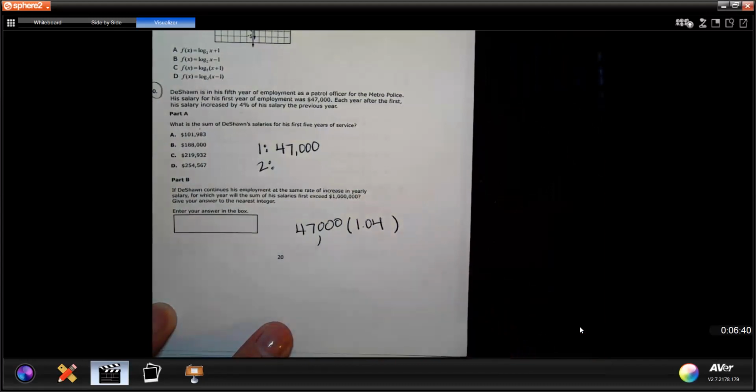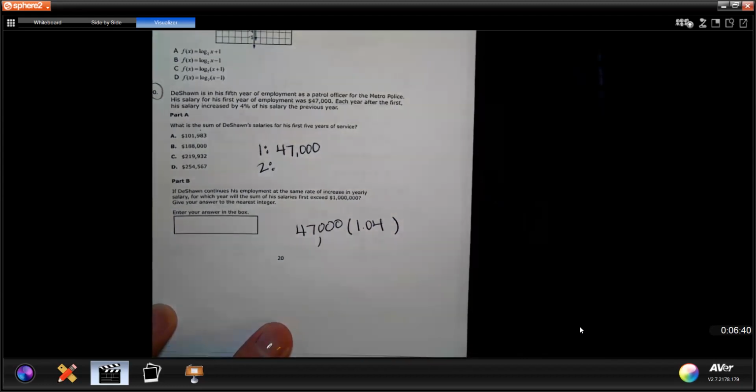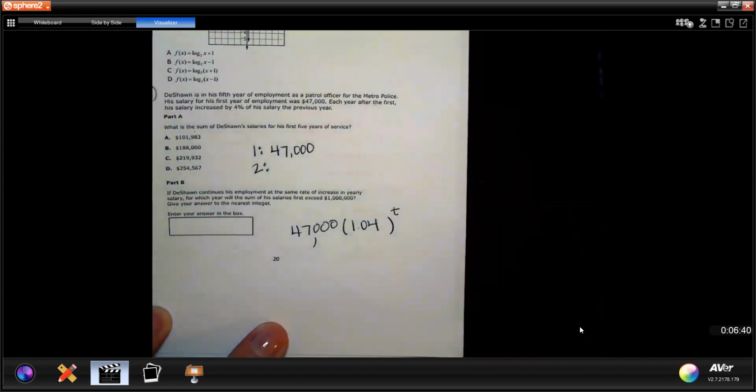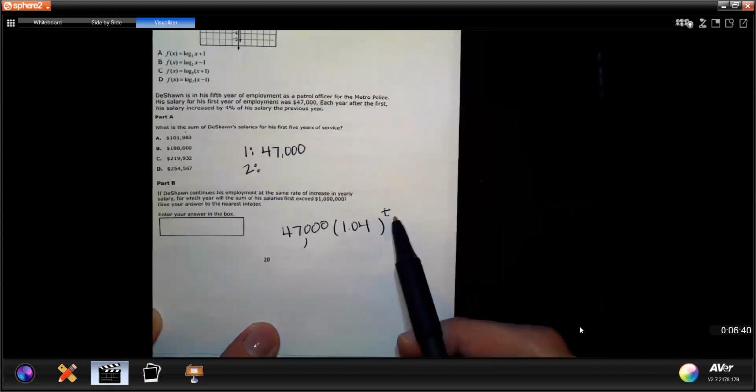We actually kept multiplying by 1.04, because 47,000 times 1.04 gave us an answer, and we took that answer and multiplied it by 1.04. So then we multiplied by 1.04 twice. Then we multiplied that answer by 1.04, so three times. And then again, so we had multiplied by 1.04 four times. So that means we were multiplying by 1.04 to an exponent.